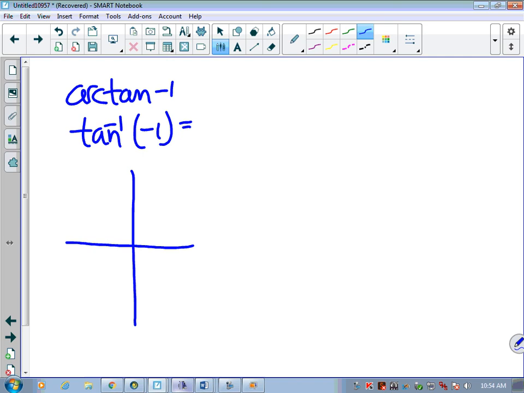So what I'm seeing with -1 is that I have an opposite over adjacent that equals -1. That's either +1 over -1 or -1 over +1, where it's opposite and adjacent. In this case, there's 1 and -1, which is going to be -45 degrees, and that matches what you put in your calculator. So that's how I get -45.